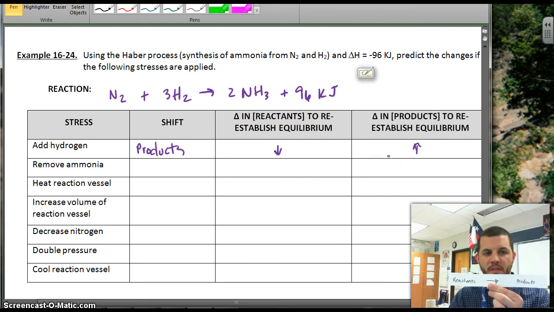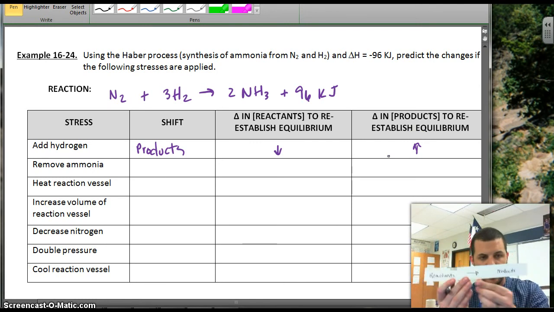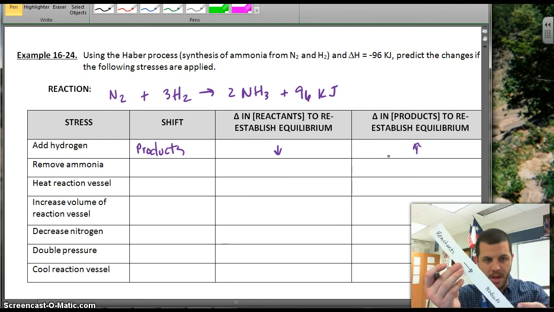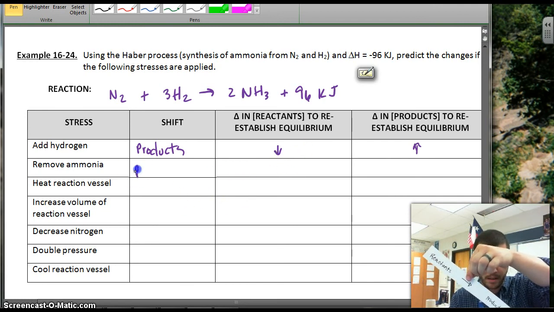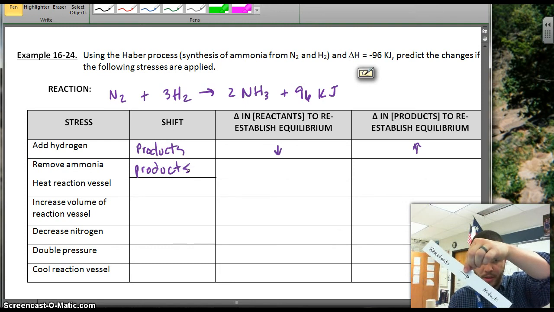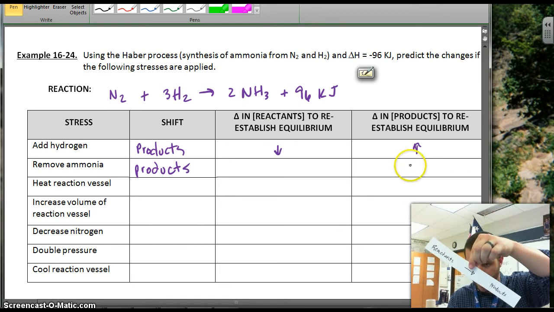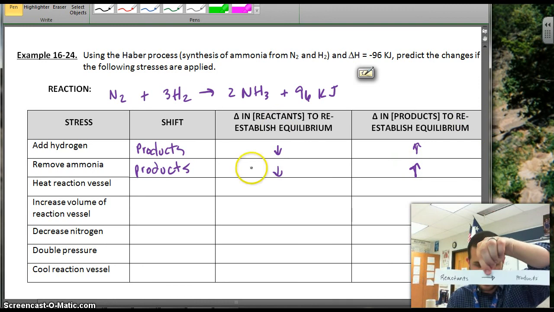What if I remove ammonia? Ammonia is a product, so my products go down. I am going to shift to make more products. In order to establish equilibrium, I have to increase my products and decrease my reactants.